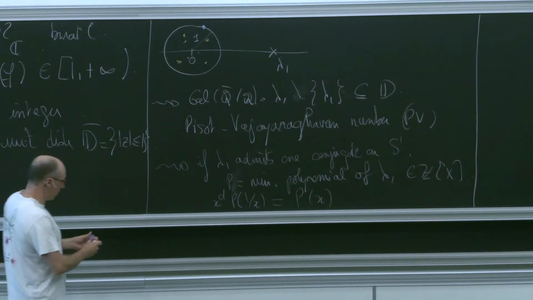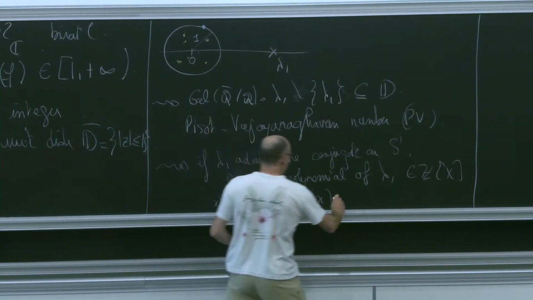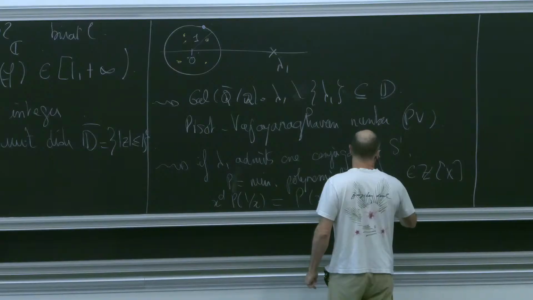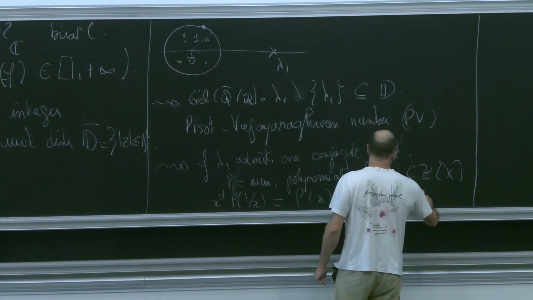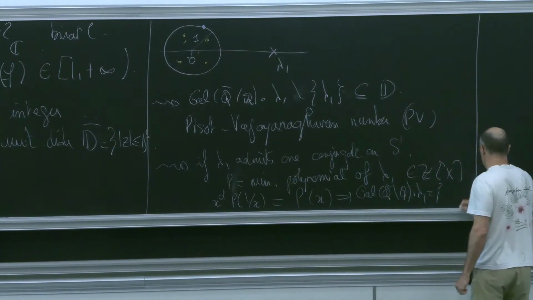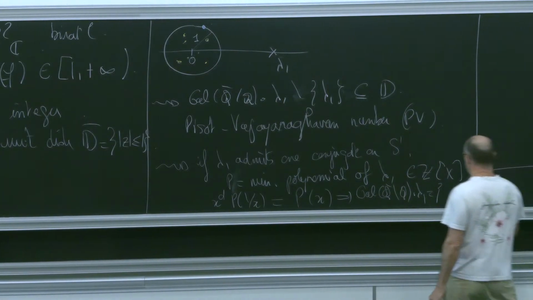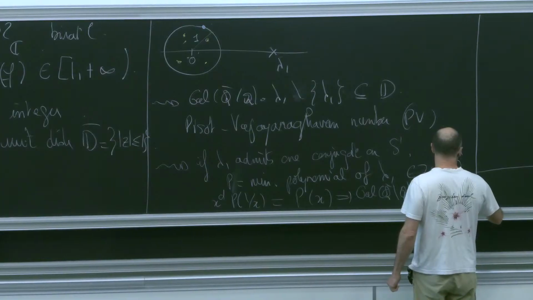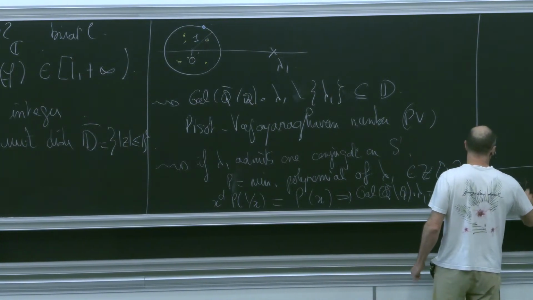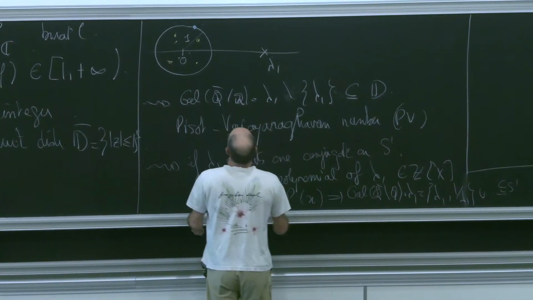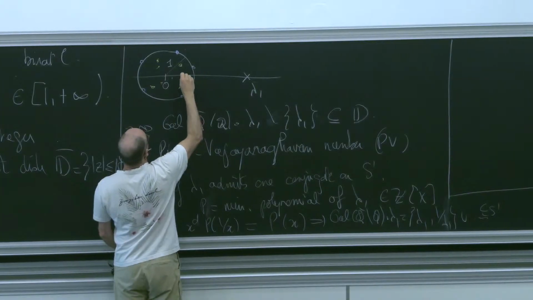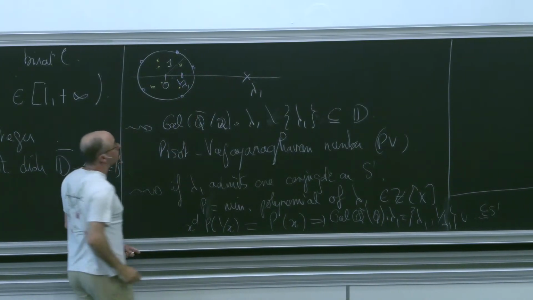Okay, so what this implies is in fact the conjugates of lambda 1 are lambda 1, 1 over lambda 1, and then all the rest are inside the unit circle. So in the other case, you have a situation like this, and then you have 1 over lambda 1.